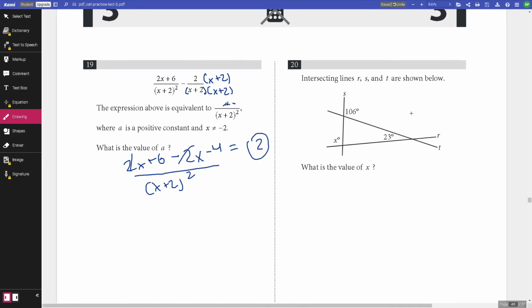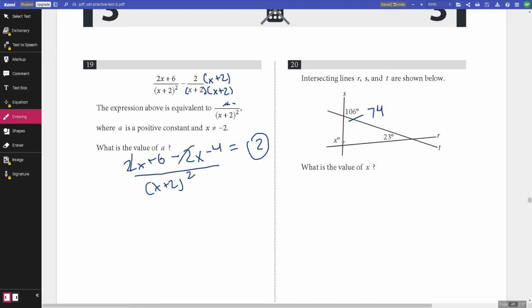Finally, number 20, intersecting lines R, S, and T are shown below. What is the value of x? So this is a triangle. You can use the fact that this angle is supplementary to this angle to find this angle, and that angle would be 74, I think. Yeah, 74.